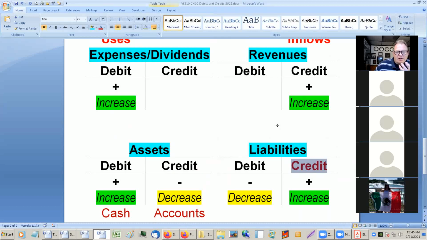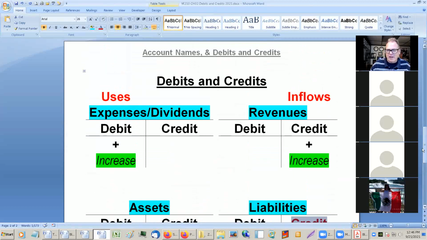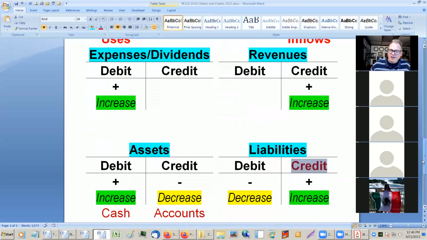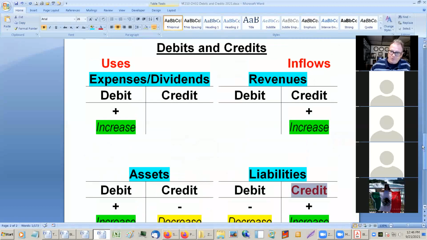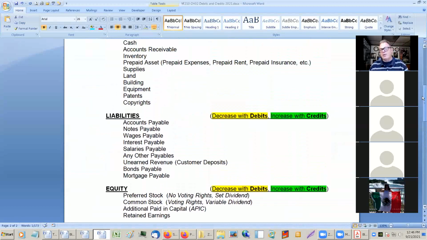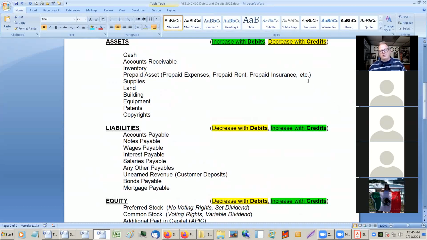From your point of view, it's a debit. From the bank's point of view, it's a credit. We owe you more money. So it's one of the weird things about debit and credit. When you hear credit, you think that's money going up, when actually the money going up is a debit. The credit is from whoever is putting it in your bank account, saying now we owe you more money. That's from their point of view, not your point of view.